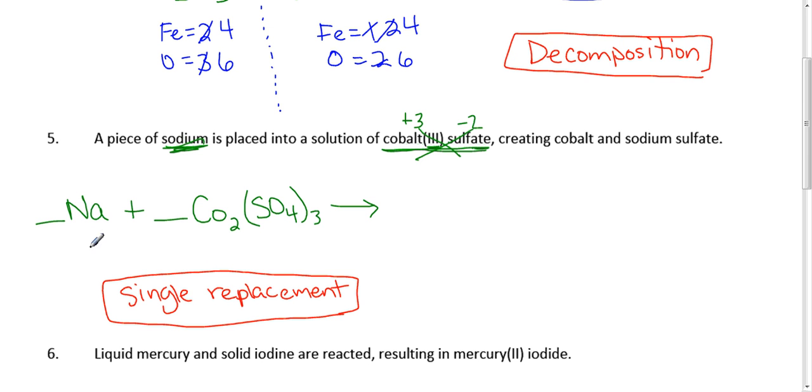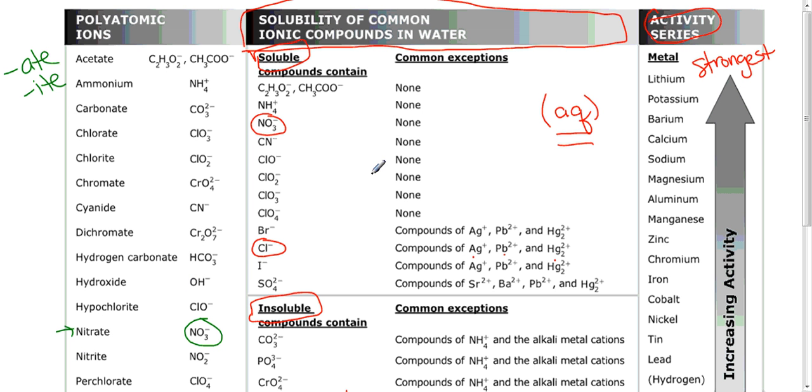We're trying to see, is sodium strong enough to replace the element that's like it here? So sodium's a metal on the left side of our table, so can it replace the metal in the compound? So is sodium stronger than cobalt? So let's go look. Is sodium stronger than cobalt?